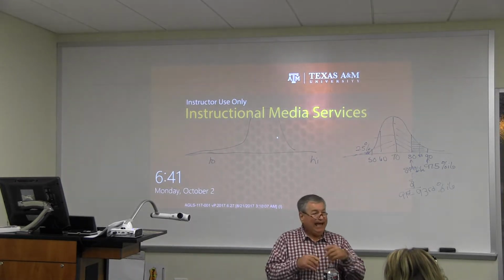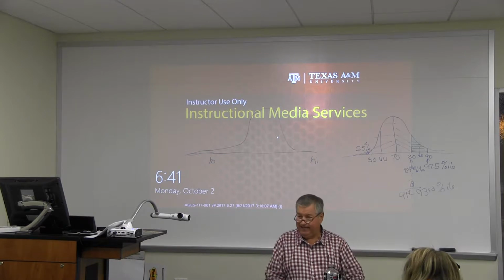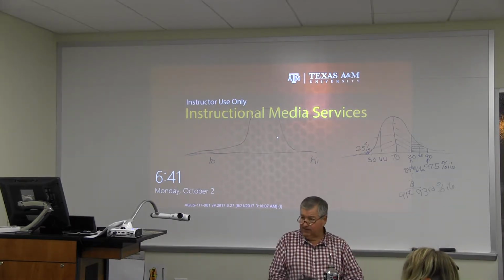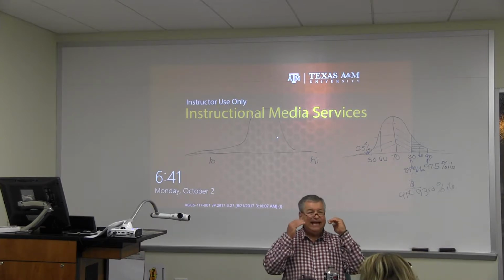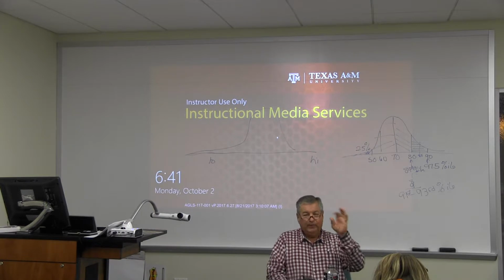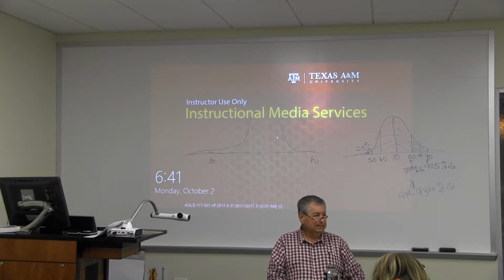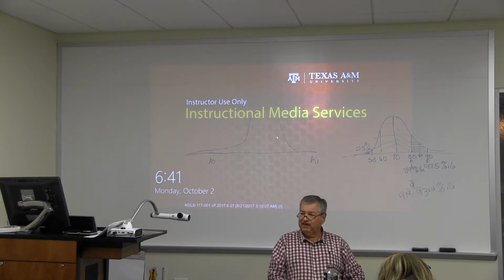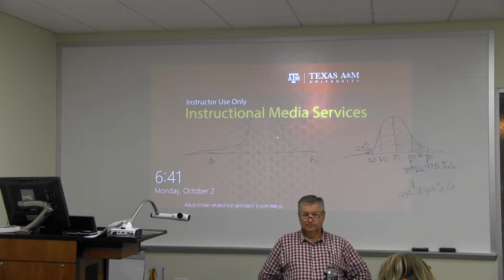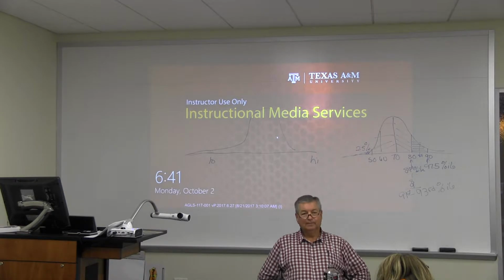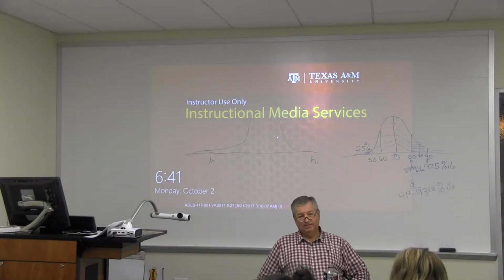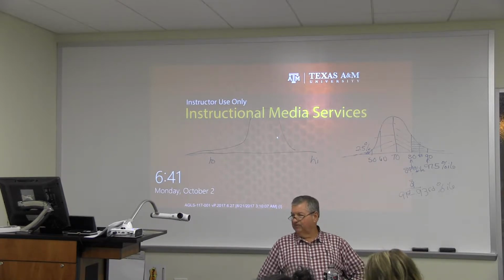What is the likelihood, what is the probability that if we toss 10 coins, we would have 10 heads? How would you figure that probability? 0.5 to the 10th power, isn't it? 0.5 times 0.5 times 0.5 times 0.5, et cetera.